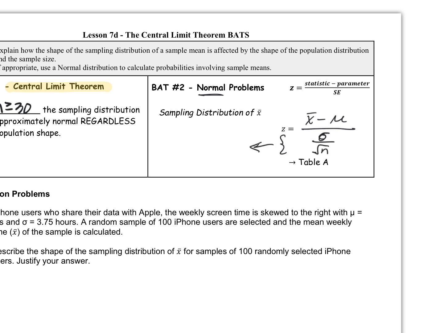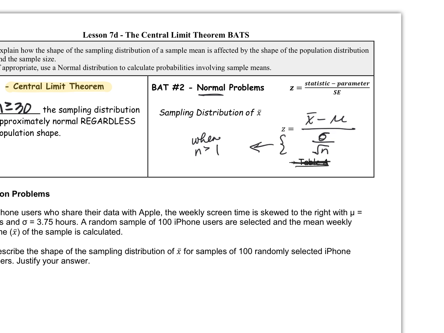You only have to do this bottom part when your sample is greater than 1. The top stays the same regardless of whether it's dealing with one person or a group. But when you get to samples, remember how our standard deviation got a lot smaller? That's why, because of this.